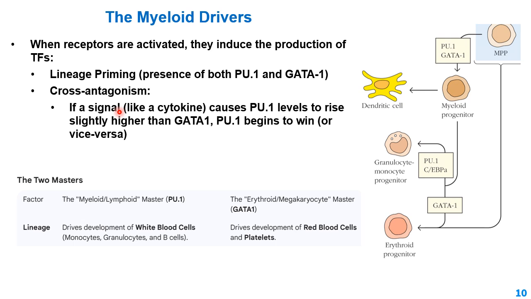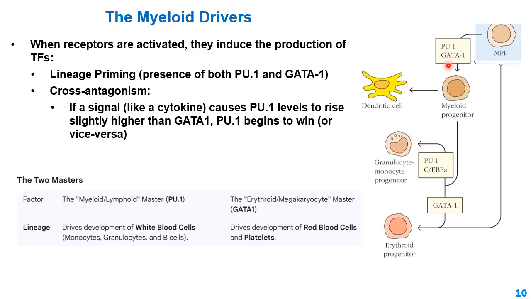Okay, so now let's say that you have a signal cytokine, it could be a hormone, right, that is going to cause this PU1 transcription factor level to increase. Once this PU1 TF starts to increase, it is going to slow down or stop the expression of the other factor, GATA1.